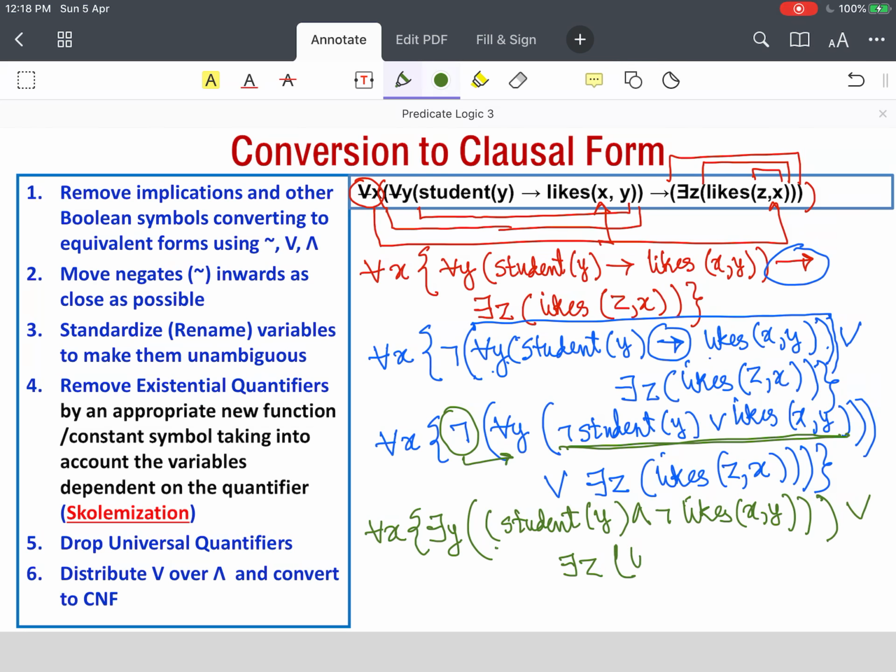Student y and not likes xy, or there exists z likes zx. This bracket gets closed and this bracket gets closed, and this bracket gets closed this way.